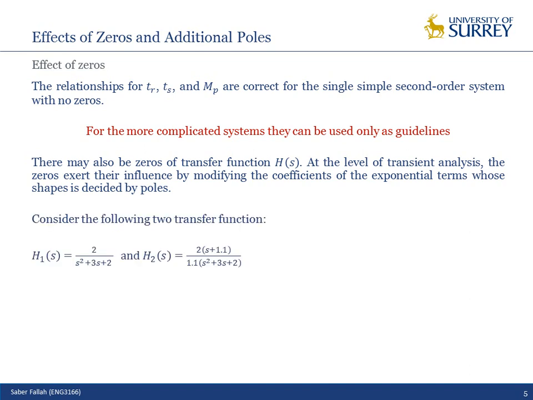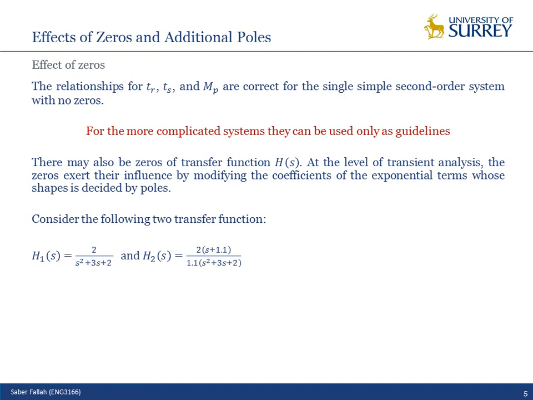For example, let's consider two transfer functions. H1 is 2 over s squared plus 3s plus 2, which is the standard format. If you look, omega n squared is 2, and 2 zeta omega n is 3. And here I have one additional zero. It's exactly the same, but with one additional zero in the numerator, and I have 1.1 as well.